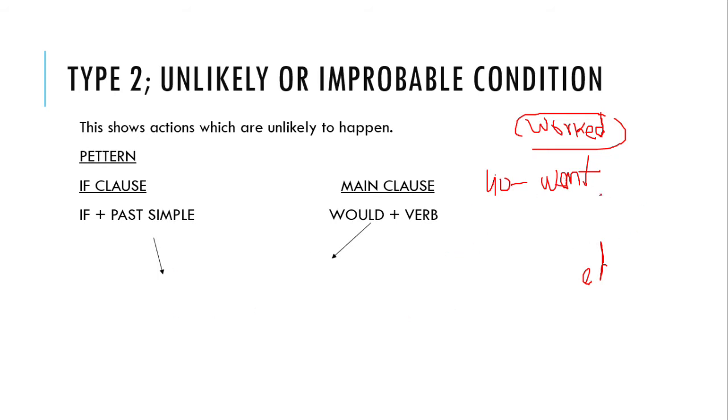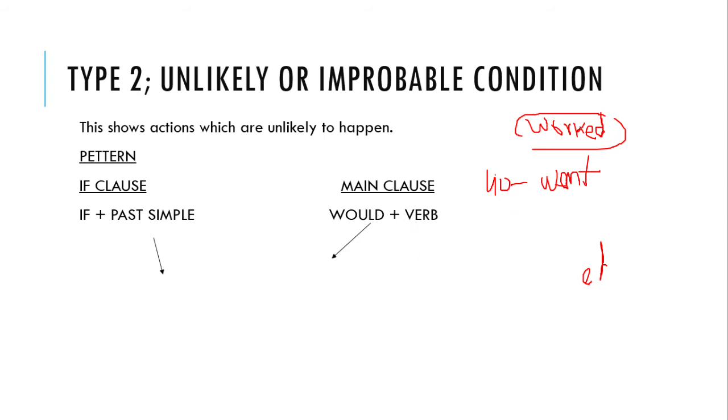So these are the words you must put in the if clause of the unlikely or the improbable condition. If plus past simple. What do we have in the main clause? The word would. The will changes to would here. Would plus the verb. The verb should be in its positive form.